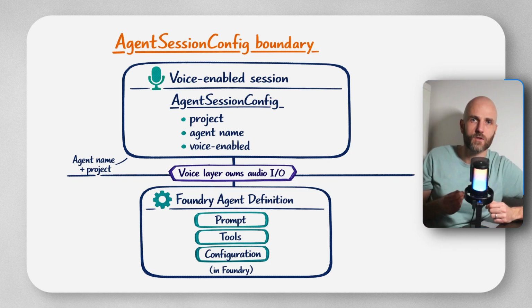The same evaluators apply. The same cost visibility applies. Voice doesn't become a separate monitoring world. And at the time of this video, that spoken language support is in public preview, but the shape is clear. Customer support, field service, accessibility, hands-free workflows, they can all use the same agent and just change the channel.